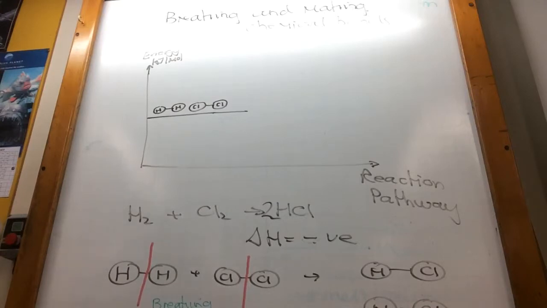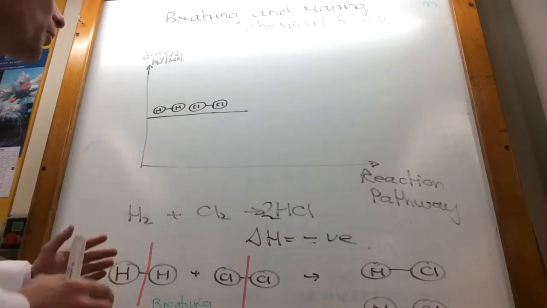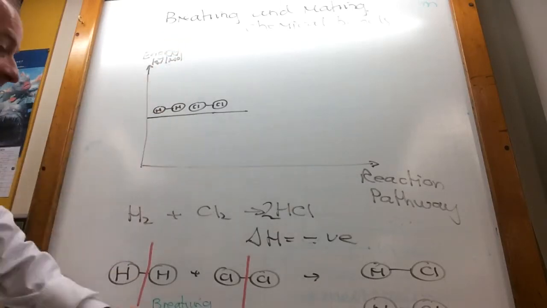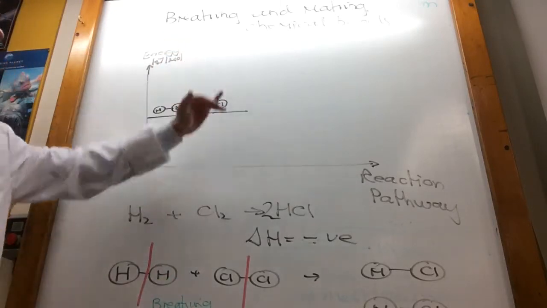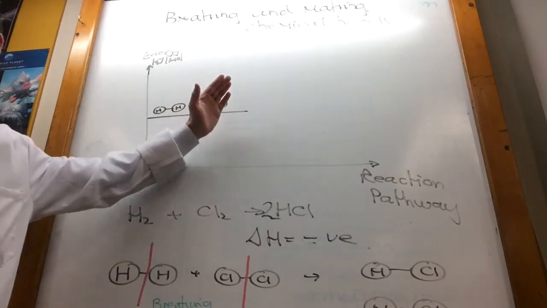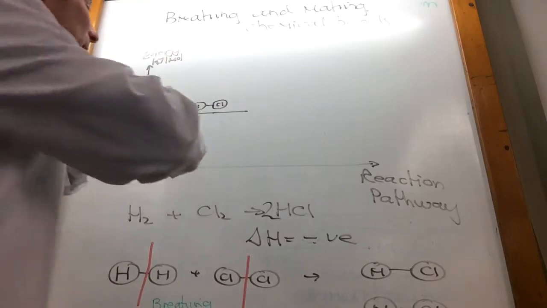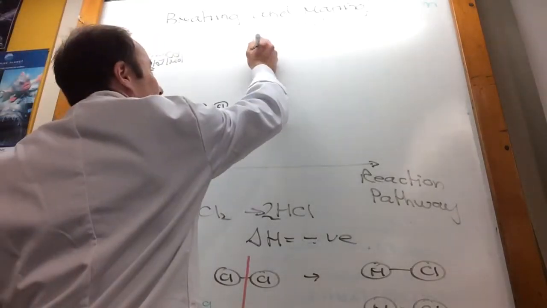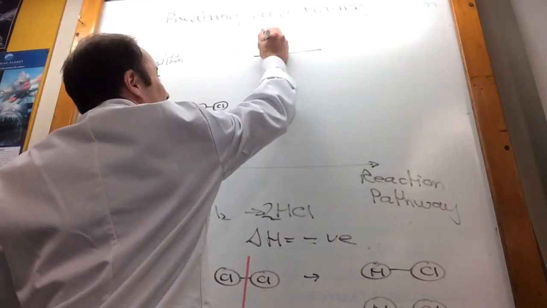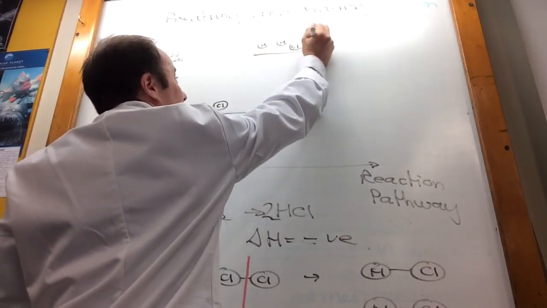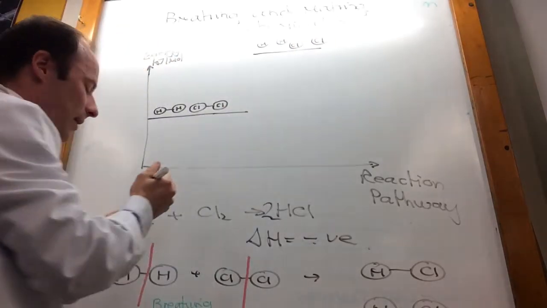I've got to put energy in to break those guys up. So, is it going to get higher? Are the atoms going to be higher or lower? If I put energy in, going to be higher. It's endothermic. So, up here, on this level, are 2 hydrogen atoms and 2 chlorine atoms, like so.